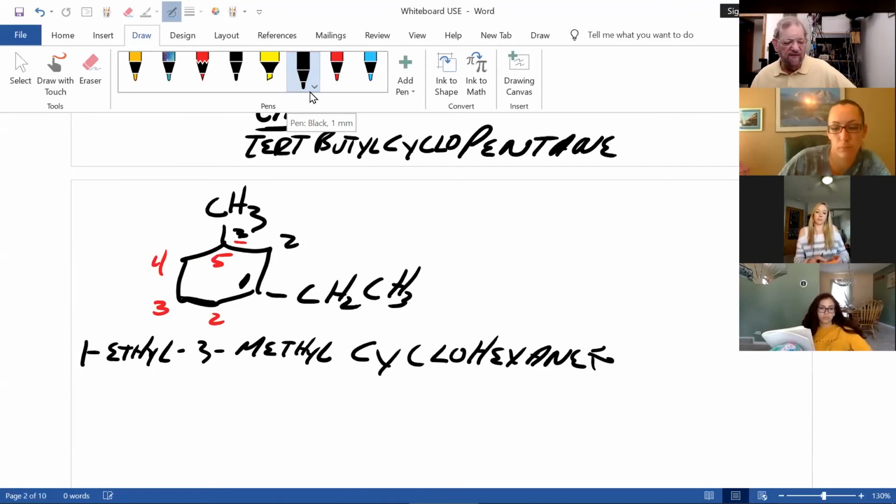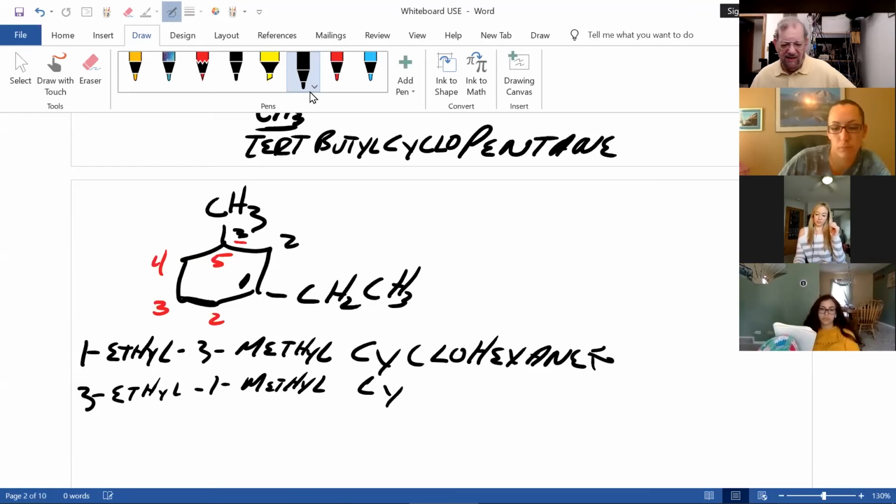Therefore, you could have also had 3-ethyl, 1-methyl, cyclohexane. Now, you could have put the methyl first, made it 3-methyl, 1-ethyl, or you could have put the methyl first, 1-methyl, 3-ethyl.